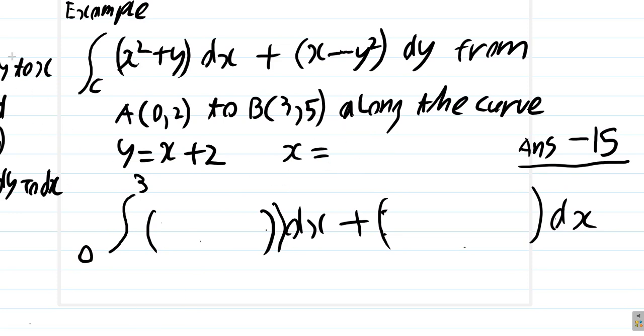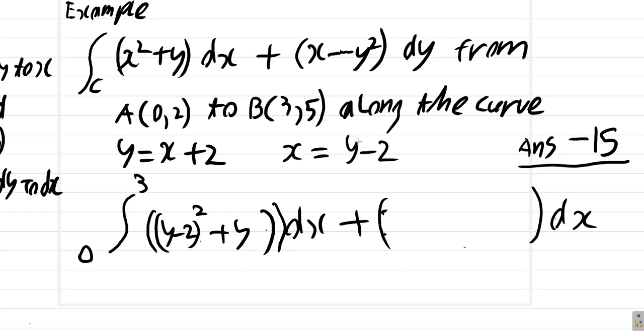So in this case, x is equal to y minus 2. Now what we would have is y minus 2 squared plus y, but we have a dx.